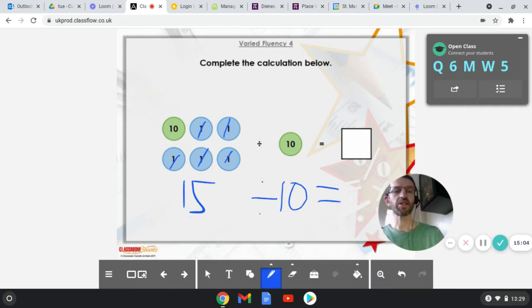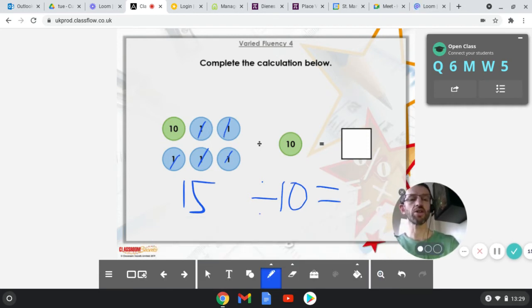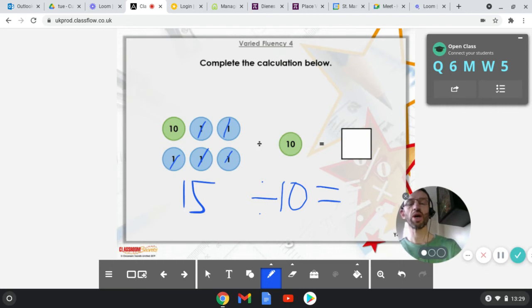Exactly. We saw this yesterday on the chart that showed what happens when you divide numbers by 10. Something like 15 would end up being 1.5. So it's getting smaller. It's getting 10 times smaller. So on the place value chart, it turns into 1.5.